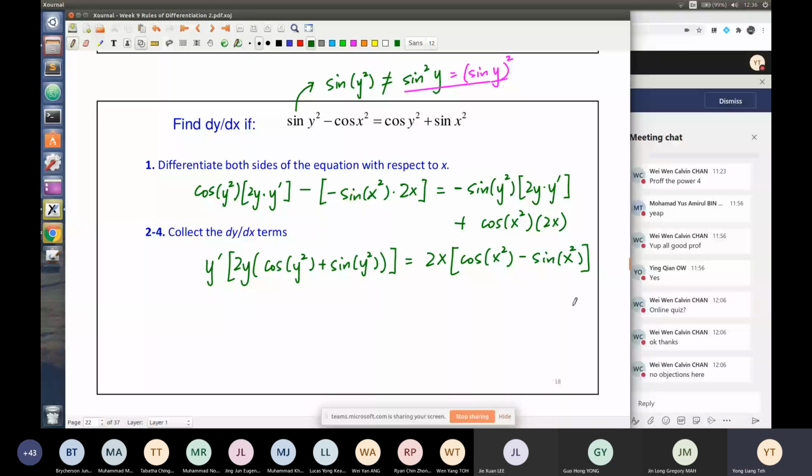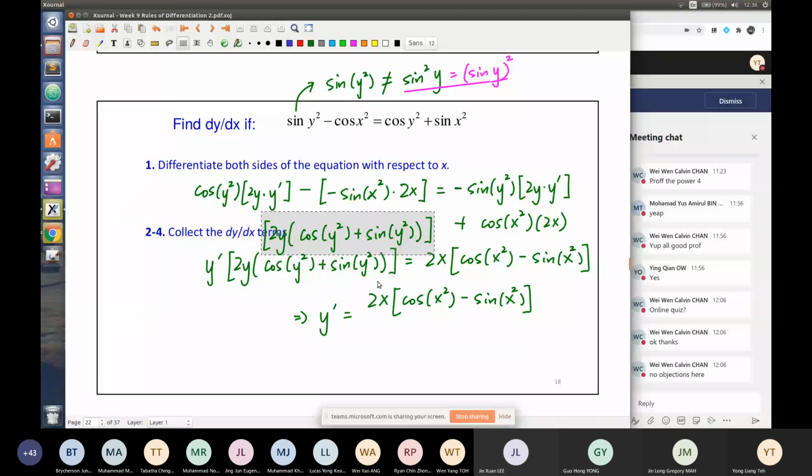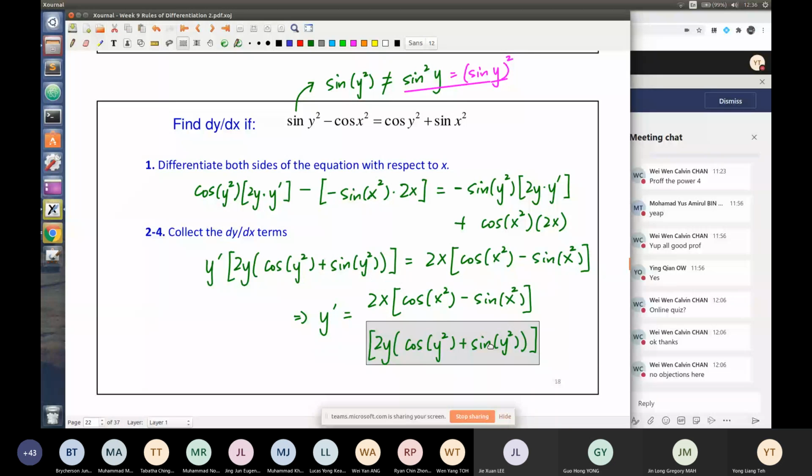So clearly my y prime will be just this guy divided by this guy. Of course the 2 can be divided off.